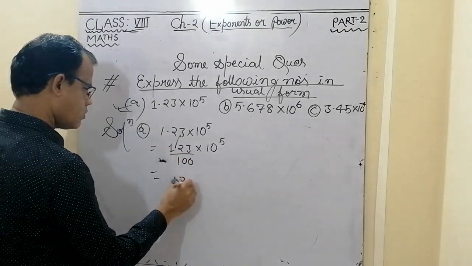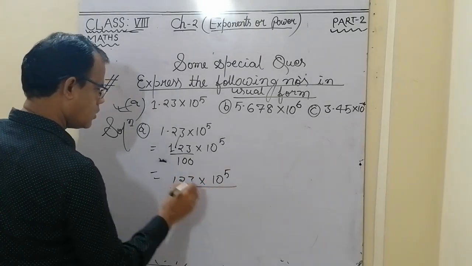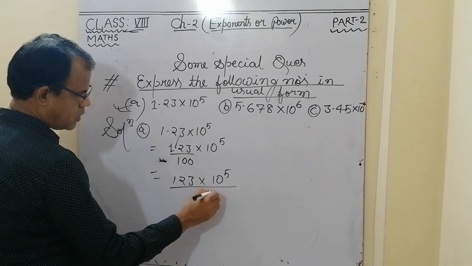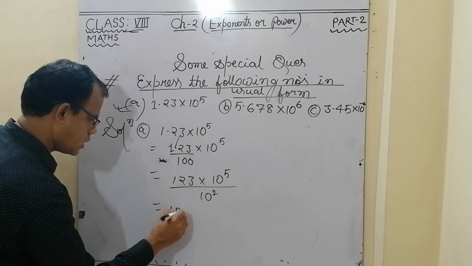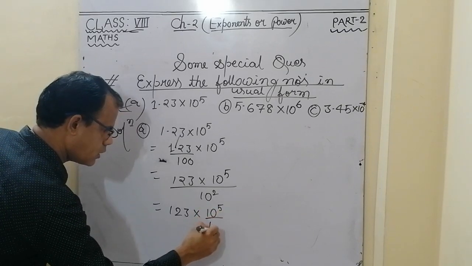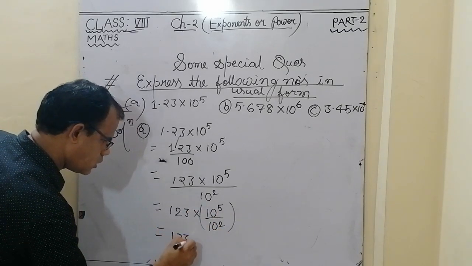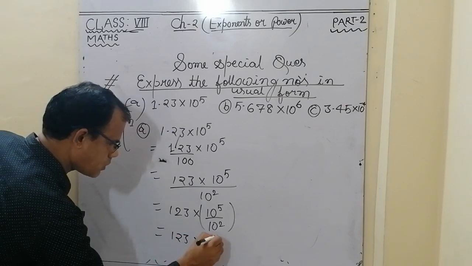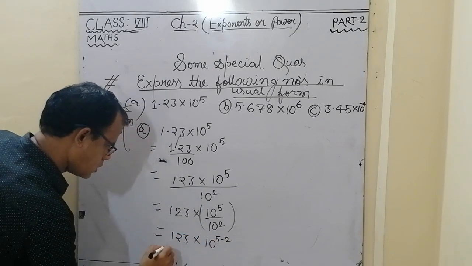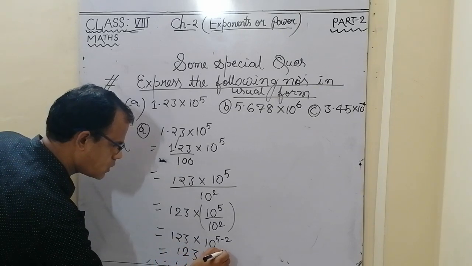So it becomes 123 into 10 to the power 5 upon 100, which is 10 square. So 123 into 10 to the power 5 by 10 square. So it becomes 123 into 10 to the power 5 minus 2. That is 123 into 10 to the power 3.